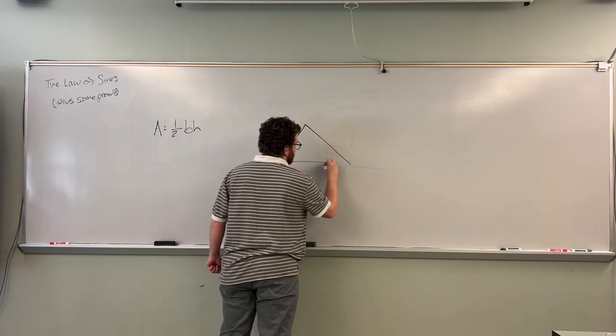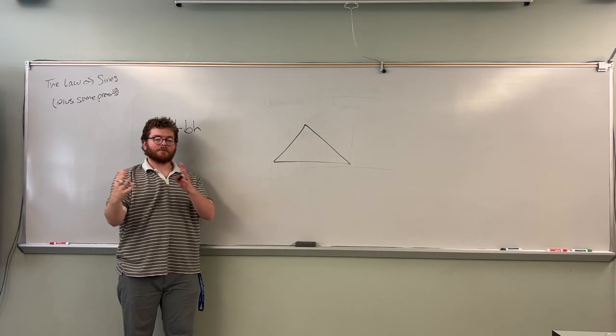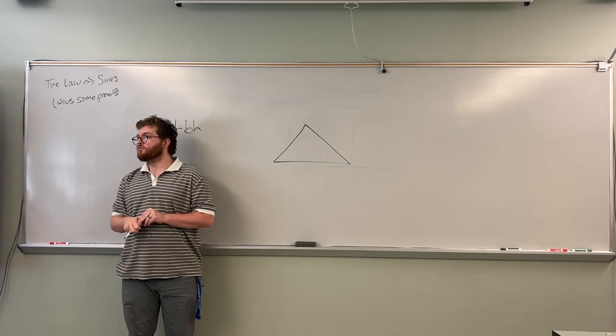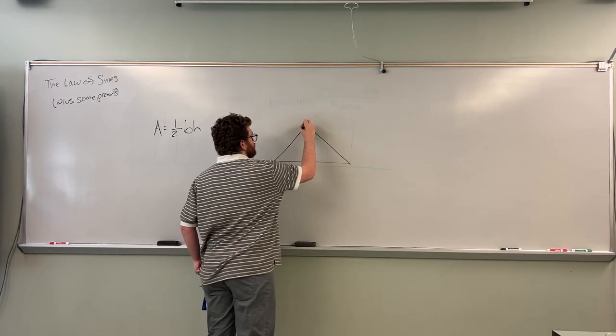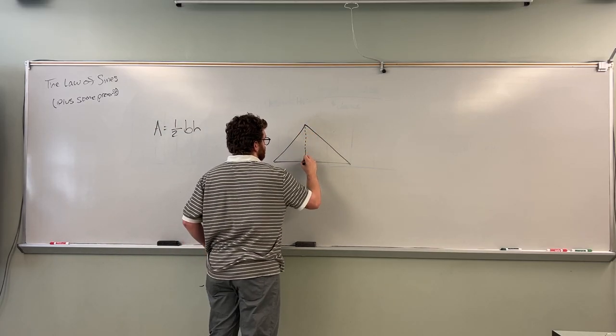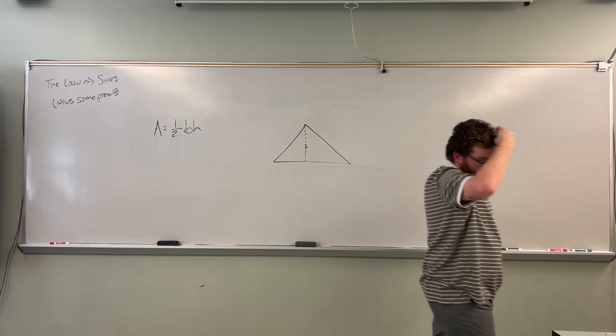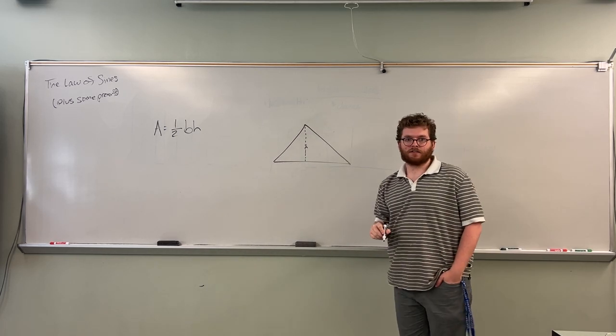So maybe a triangle like this, where we can kind of see the height, but maybe the height's been scooted over or something like that. Or we're just not told what the height is. Like that's the H. And so we want to figure out, how do we figure out the height here?